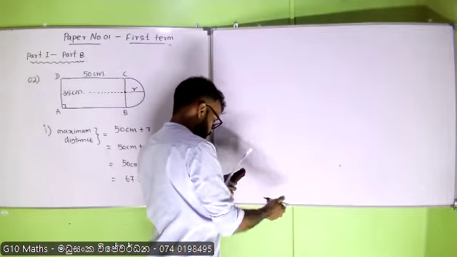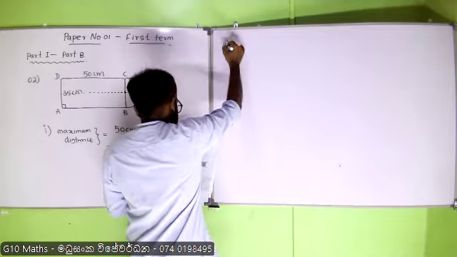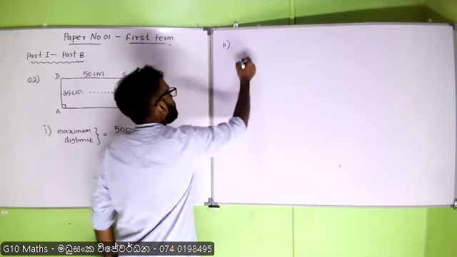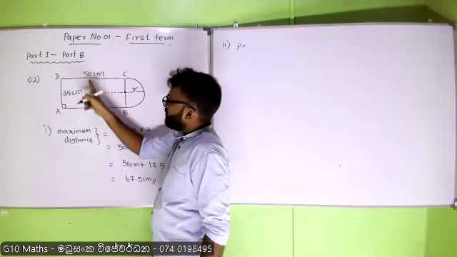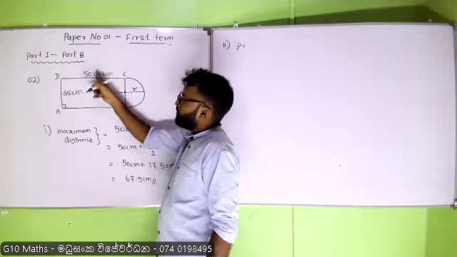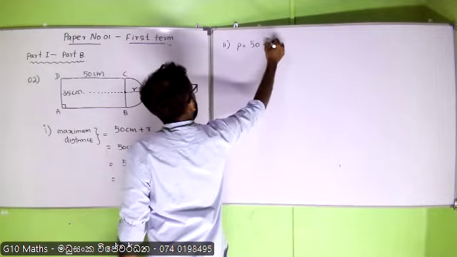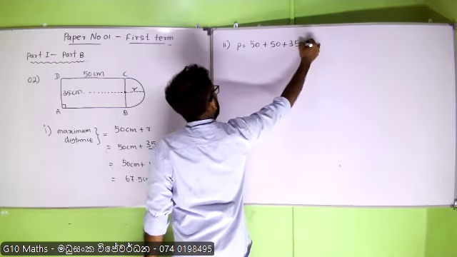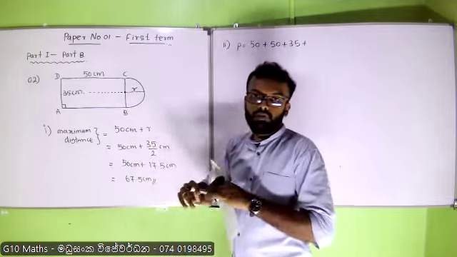Then second one, find the perimeter of the flower bed. Right? What is it? Perimeter. I will begin from here. 50, 50, right? 50 plus 50 plus 35, plus the perimeter of the half of the circle.